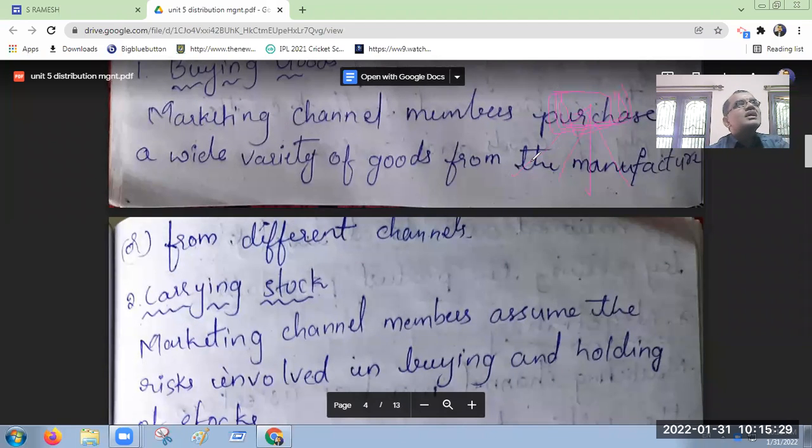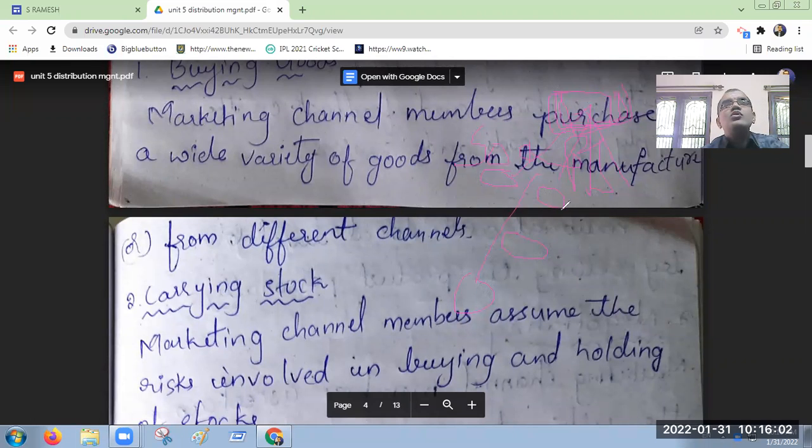Let us take for example, one company is producing soaps, bath soaps. High price soaps will be available, low price soaps will be available, medium price soaps will be available, sample size soaps will be available. All these are produced by the manufacturer, all these are produced by the producer.